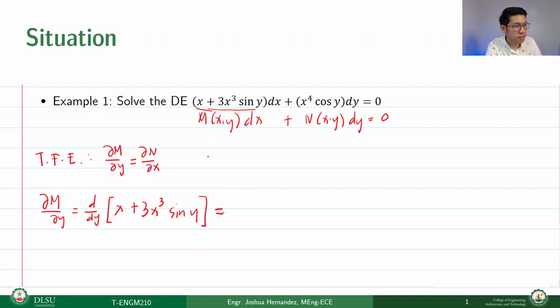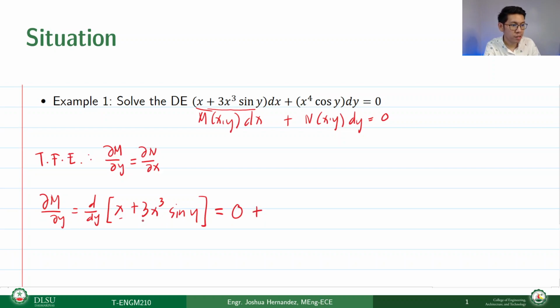Taking the derivative with respect to y means that we're going to treat all other variables as constants. In this case, we will treat x as a constant. The derivative of a constant is 0, right?